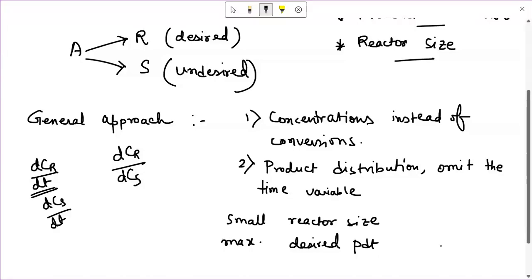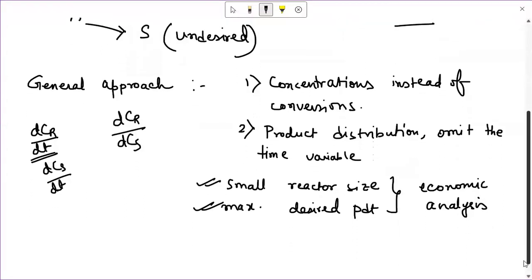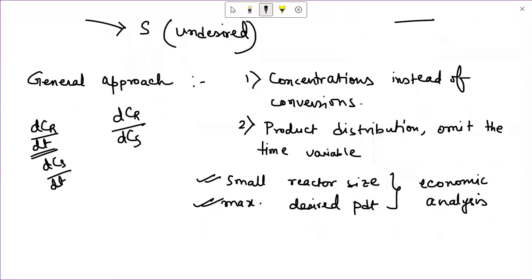But to meet both of these objectives, you will need to do an economic analysis. Without an economic analysis, understanding both of these conflicting concepts is not possible. But as of now, if we proceed without any economic analysis, our main focus will be on the product distribution, that is maximization of the desired product. So the product distribution is the most controlling factor in case of multiple reactions, be it parallel or series.